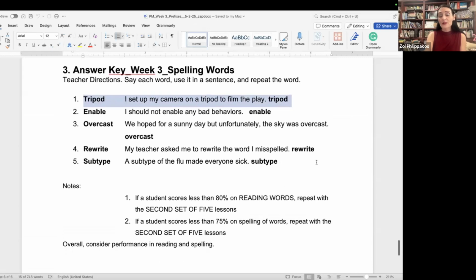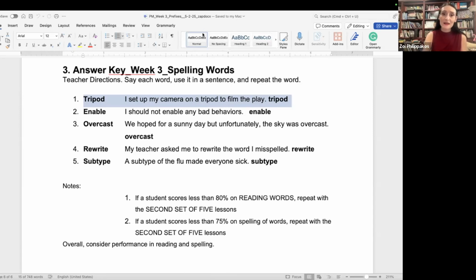At the very bottom, we're giving you a guidance. If the students can read 80%, but they can spell less than 75% for spelling, then you will consider to repeat the set of lessons for the week of prefixes, and in this case, work with a second set of 5 for the reading words, for the spelling, and for the second sentence.